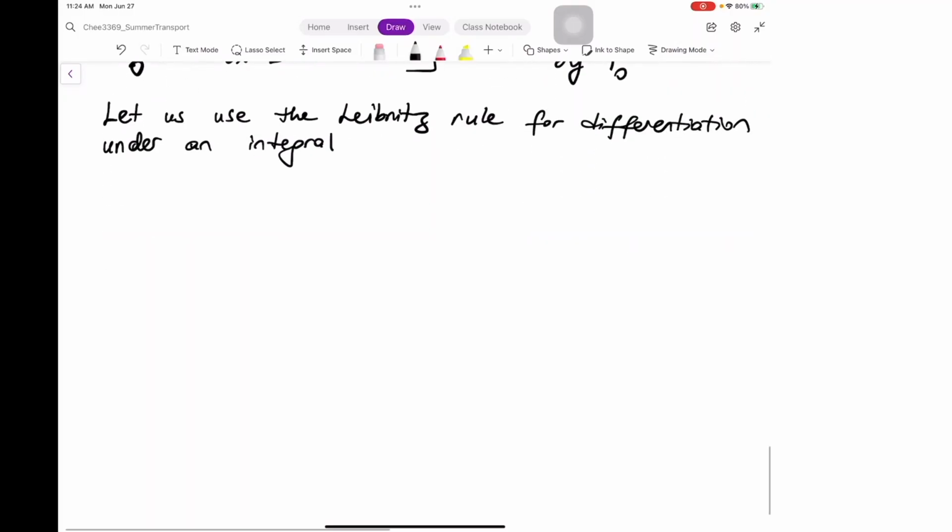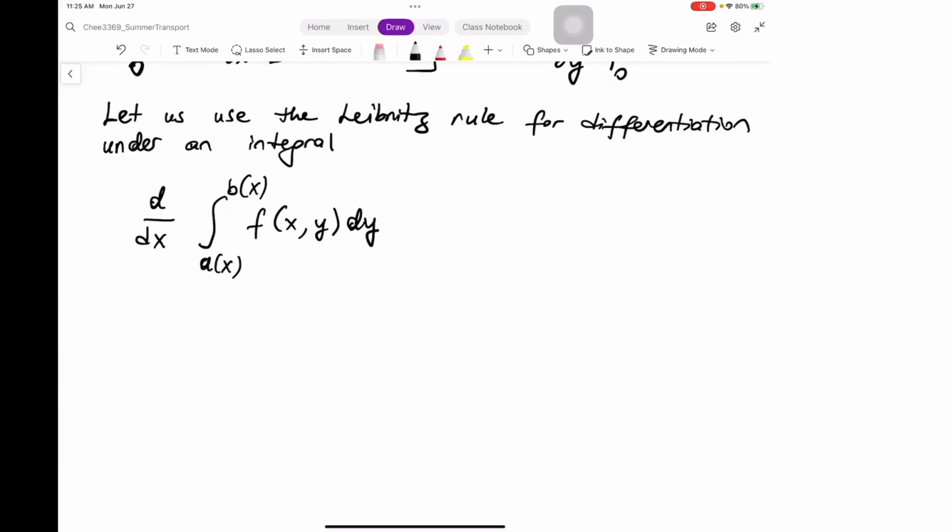Okay, so let's remember that it says the following: if you differentiate with respect to x the integral of a function, which is a function of x and y, along y, not along x, but the boundaries go from a to b, which are functions of x. The Leibniz rule says that first you can take the derivative inside, but that's not going to be the only term. You should add some corrections to that.